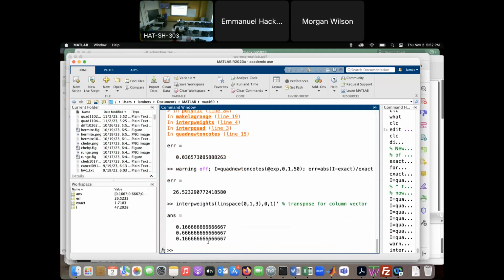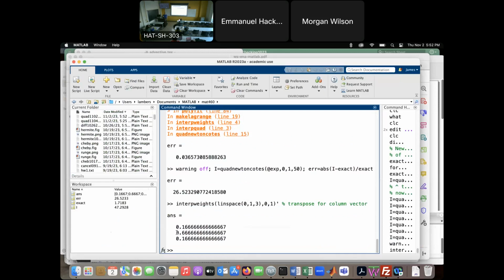Now, this is actually something we've seen before. Remember I told you about Simpson's rule? There are 3 nodes, therefore 3 weights. What are the weights? B minus A over 6, and then B minus A times 4 over 6, and then 1/6 again. So sure enough, for interval 0, 1, we have 1/6, 2/3, 1/6.